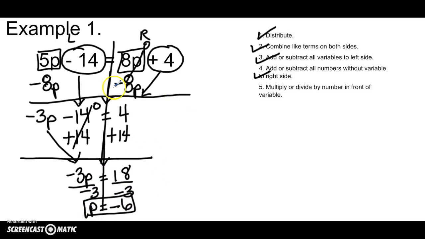At this point, I can go back in and plug my negative 6 into my original equation, which was 5p minus 14 equals 8p plus 4. What should happen when I plug this negative 6 in is the left-hand side should equal the right.